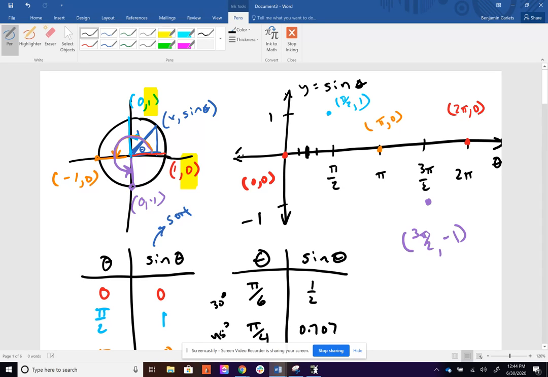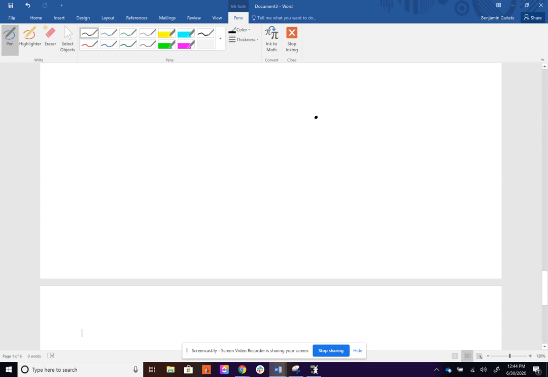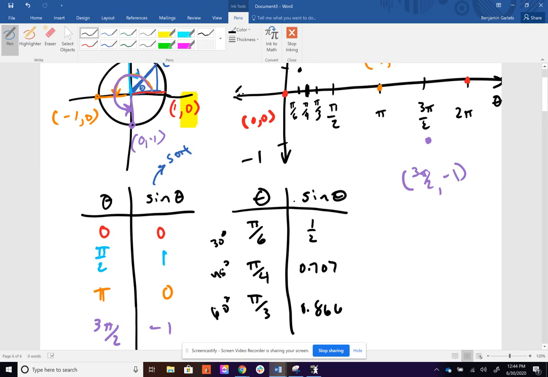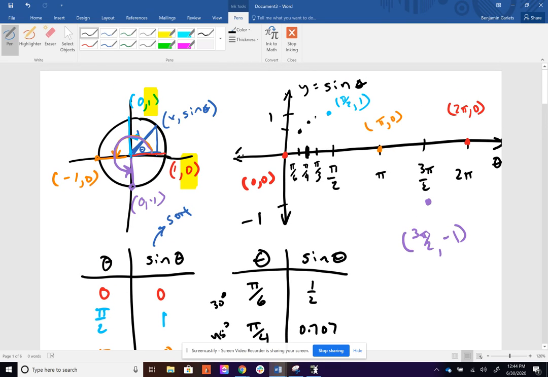So pi over 6, pi over 4, pi over 3. That's inputs. And then we've got these values here where if this is my 1/2, so we're about 1/2 right there. Pi over 4 is about 0.7, and pi over 3 is 0.866. Now, of course, that happens right then. Let's go back up. So we're like right here.